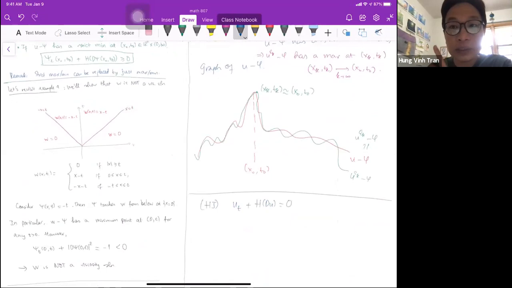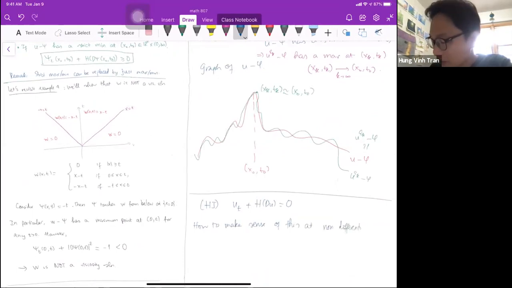But because u is only Lipschitz, I don't know how to make sense of this at non-differentiable points.